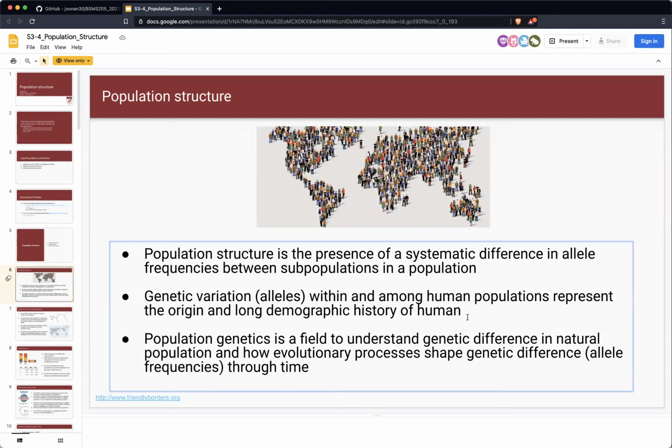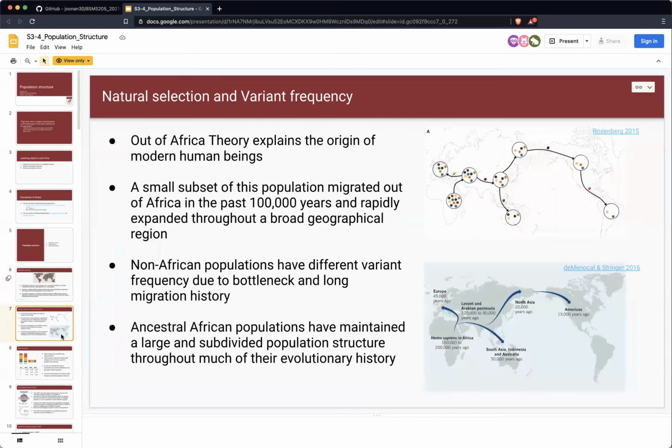The reason is that allele frequency is quite different between subpopulations, and that represents which allele frequencies belong to which population. And population genetics is a field to study genetic differences in natural populations and how evolutionary processes shape our genetic differences through time. So genetic difference in this context means the allele frequencies in an organism.